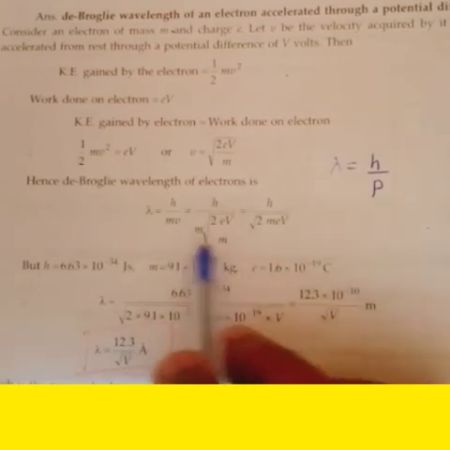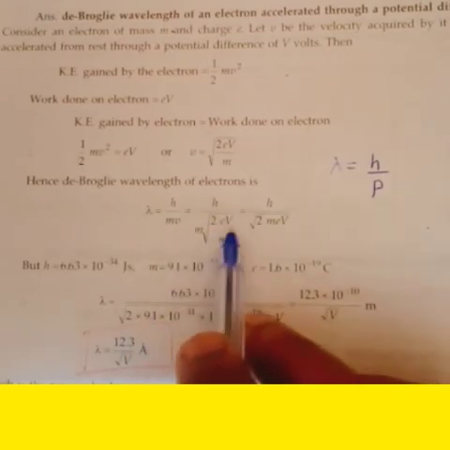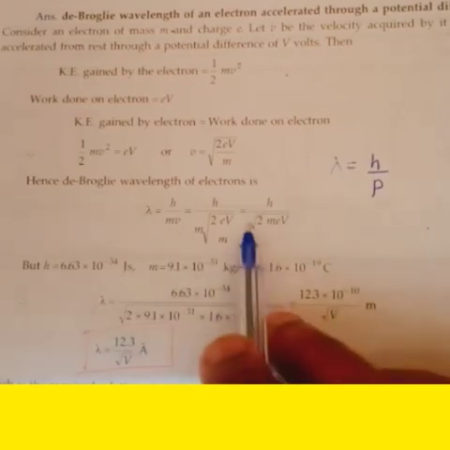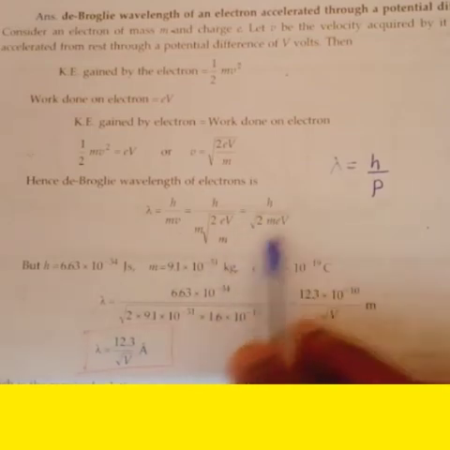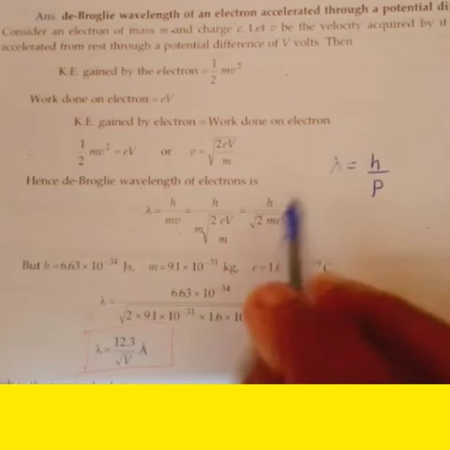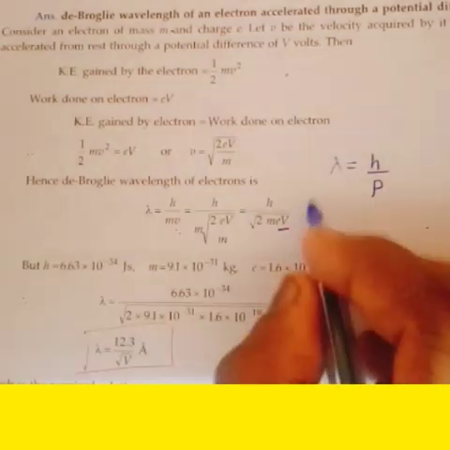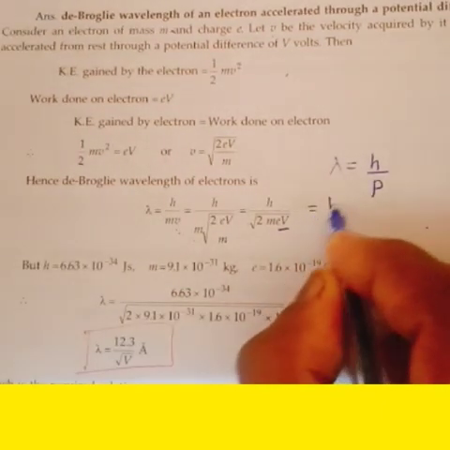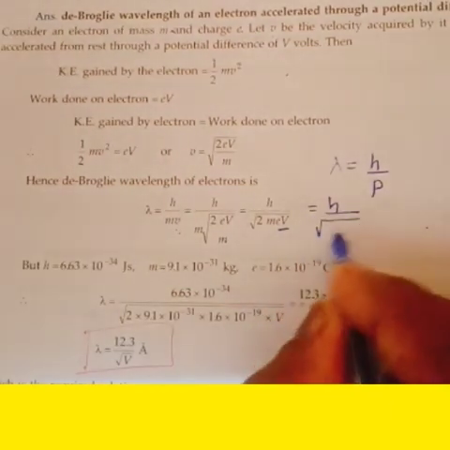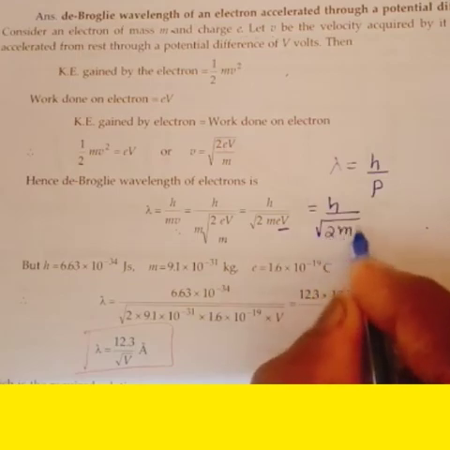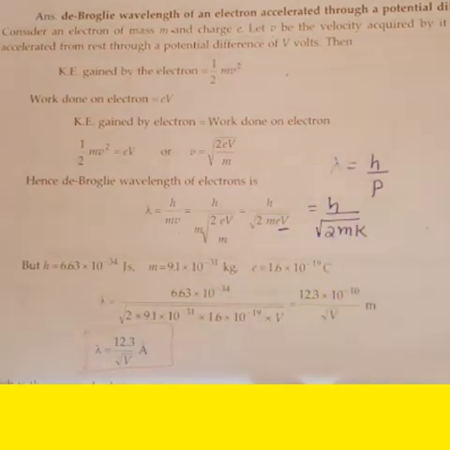So h divided by m into root of 2eV by m, which is equal to h divided by root of 2meV. Here eV is the kinetic energy, so this equation can also be rewritten as h divided by root of 2mK.